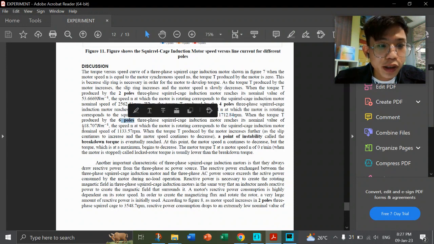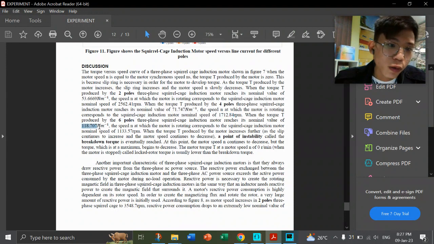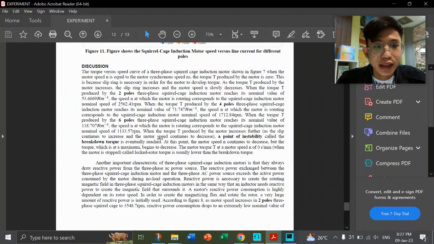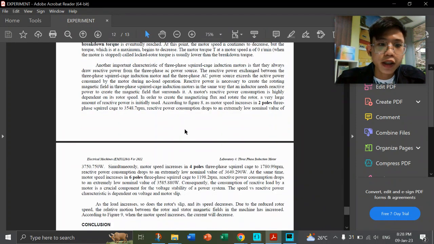For the 6 pole, when it reaches 118 newton meters, it comes to a speed of 1103. Among all, the best to see is the 2 pole, because when the induction motor torque reaches nominal value, you still get a better nominal speed than the others.